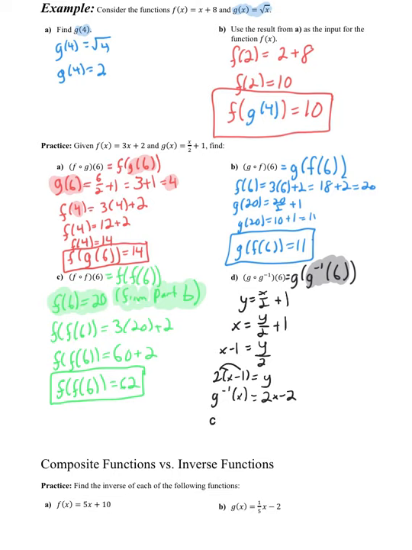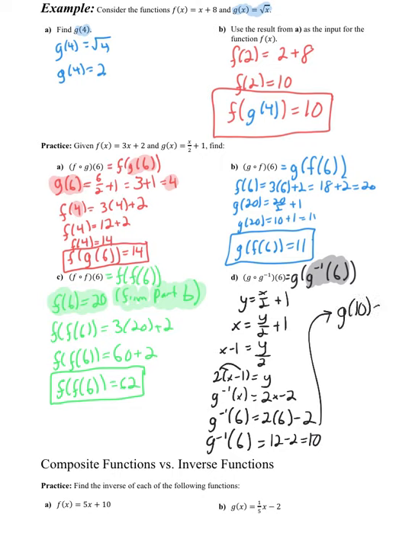Now I can go ahead and say, let's do g inverse of 6. G inverse of 6 is 12 minus 2, 10. And once I have that, now I can do g of 10, because that's the outer function. And I get 10 over 2 plus 1. G of 10 is 5 plus 1.